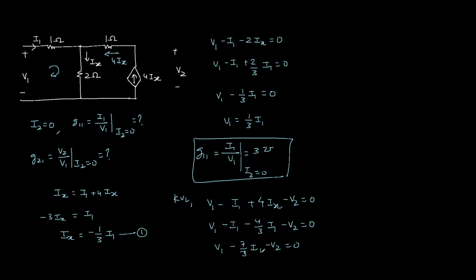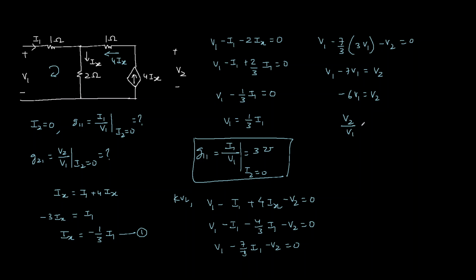Now replacing this I1 equal to 3V1, so V1 minus 7 by 3 I1 is 3V1 minus V2. So this is V1 minus 7V1 equal to V2, and 1 minus 7 is minus 6V1 equal to V2.